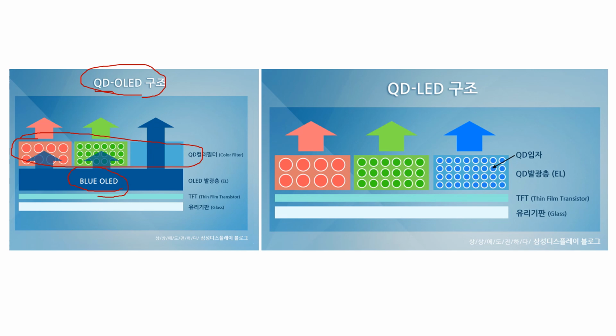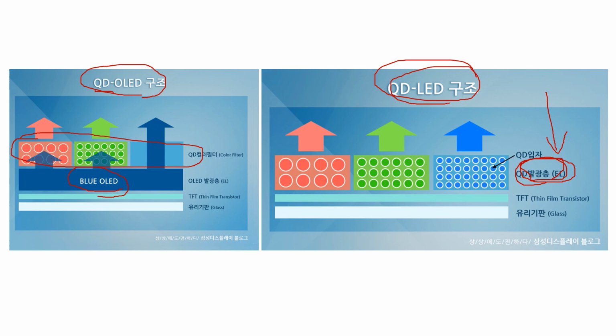And this figure shows the real quantum dot LED structure. So in this structure, quantum dot is used as an active layer for emitting photons.